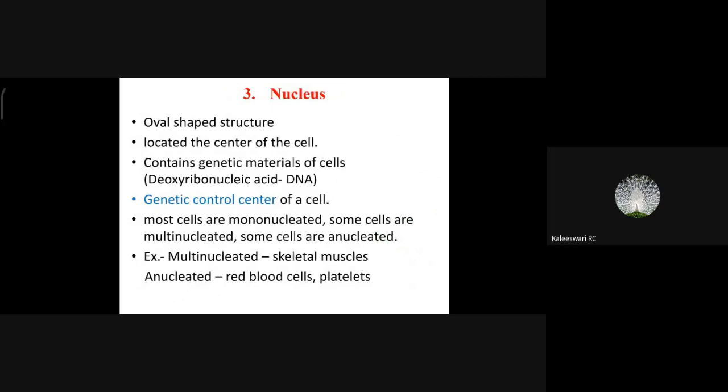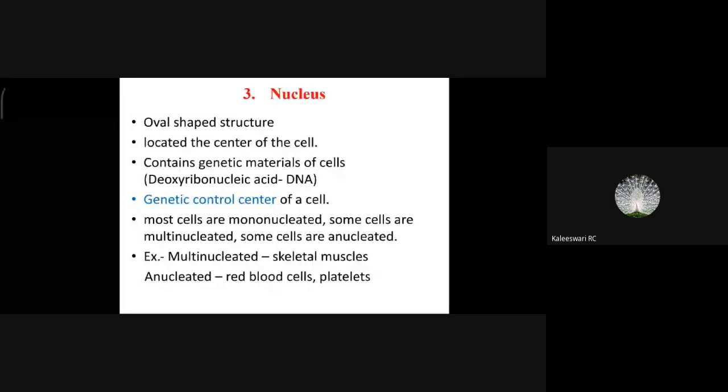Now, the most important part of the cell is the nucleus. Nucleus is the most important part of the cell. Just like we have a brain in our body, without a brain we cannot survive. Our whole body is controlled by our brain.